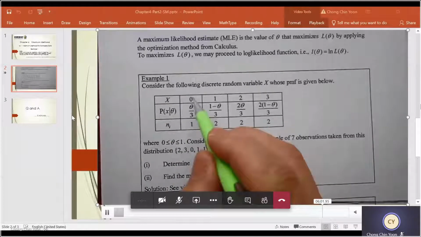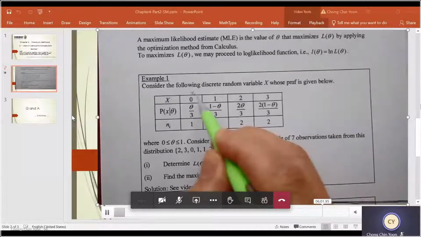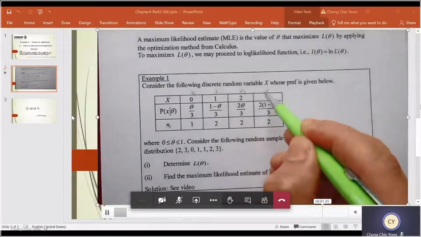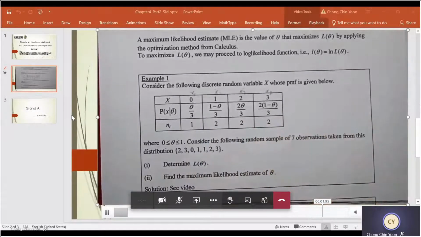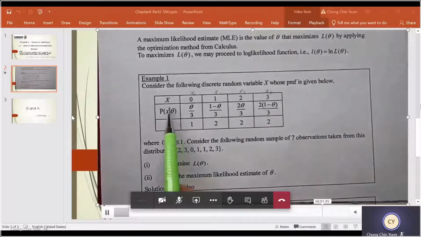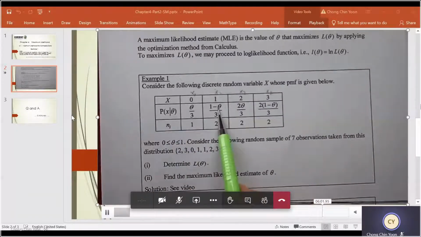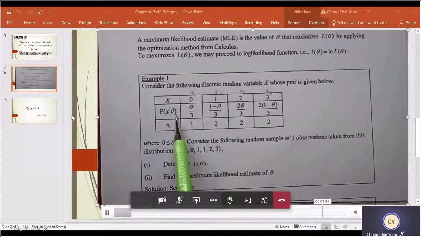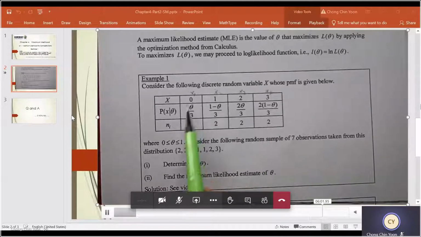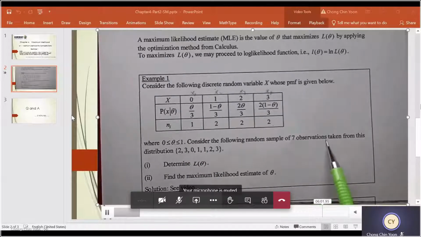So this is our x1, x2, x3, and x4. And this is the PMF in terms of the parameter theta, where theta is between 0 and 1. The number of observations is given here. Consider the following random sample of 7 observations taken from this distribution.